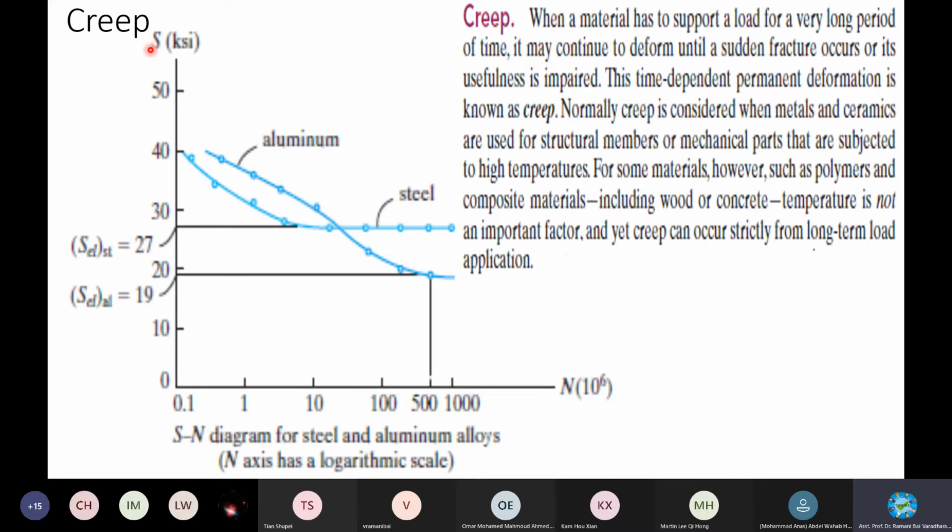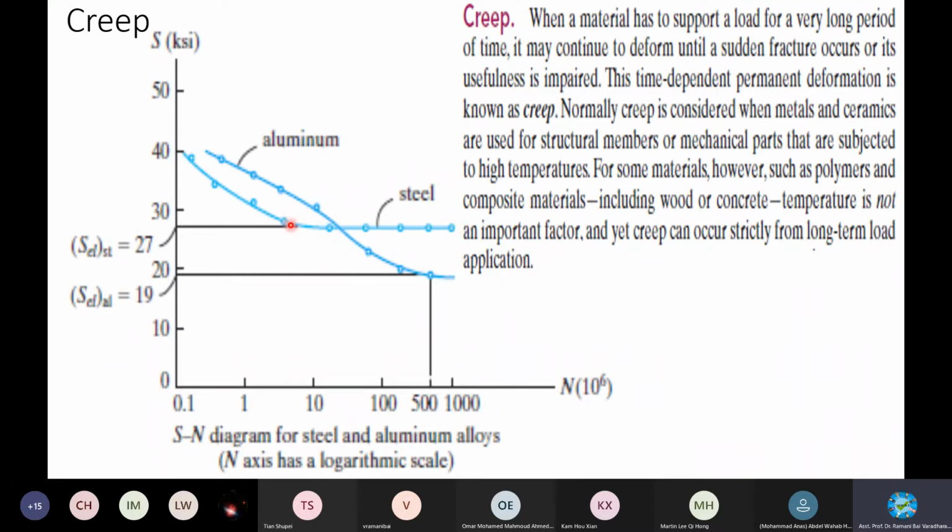So you plot the stress value S against the number of times it is occurring. For example, you take the steel value, it starts here, very high initially, and then slowly reduces as the number of cycles increases. The stress produced or developed in the body slowly reduces and stops once and for all after a prolonged time.